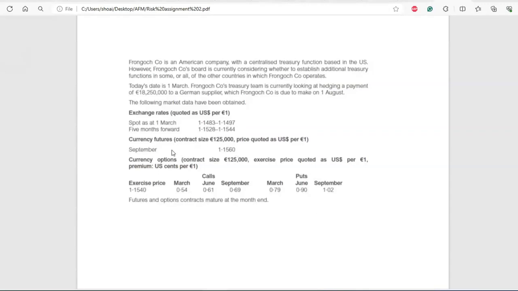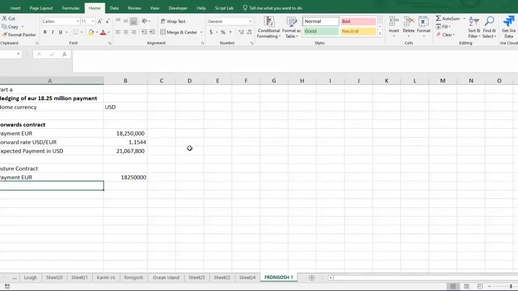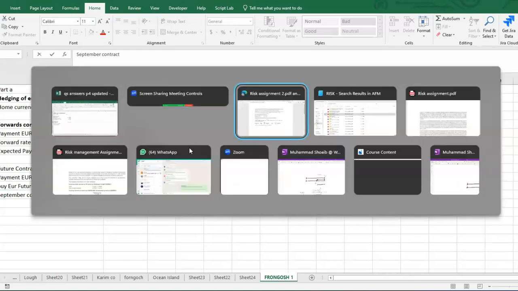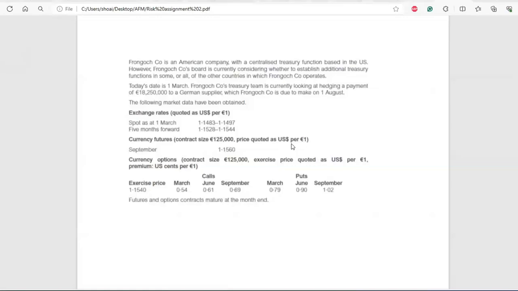Okay, we have to buy the euros. So buy future, right? Buy euro future, September contract at dollar over euro.